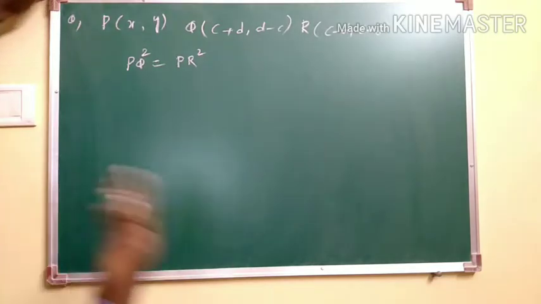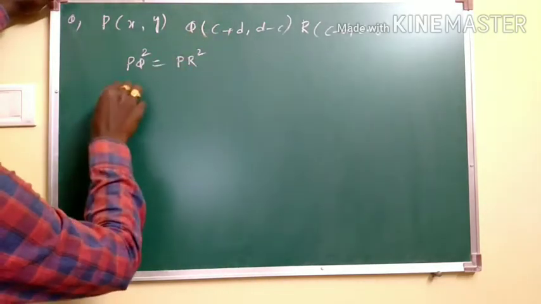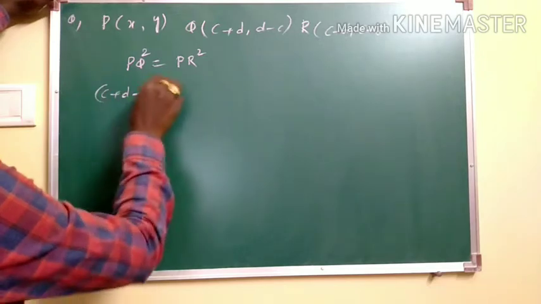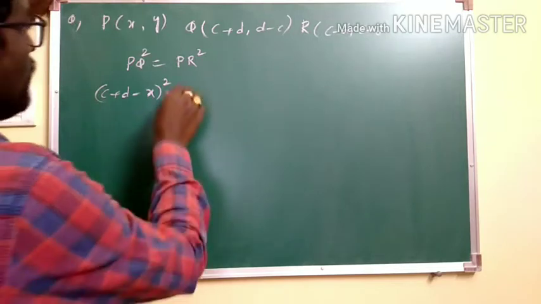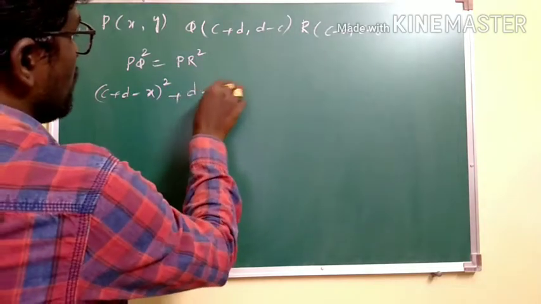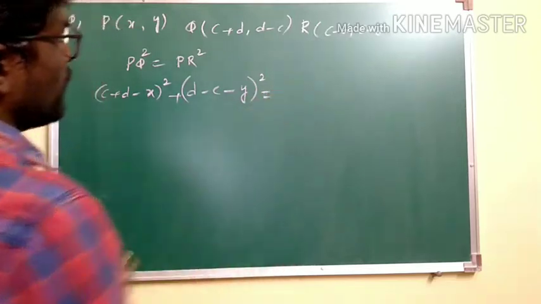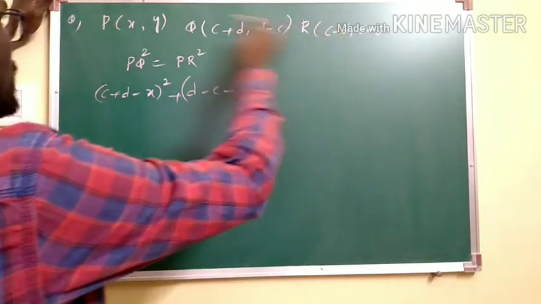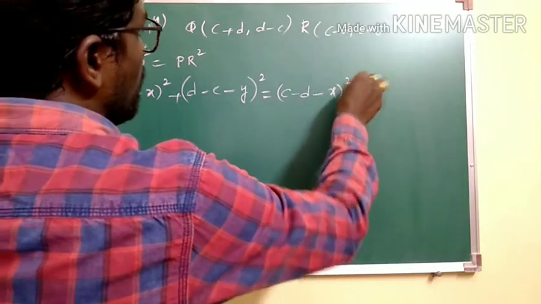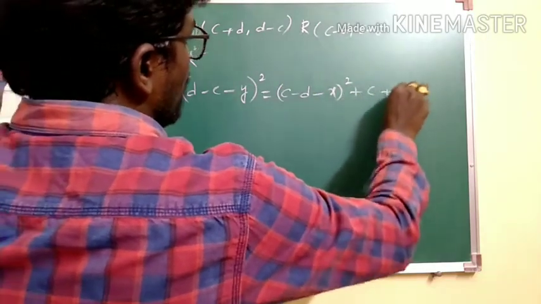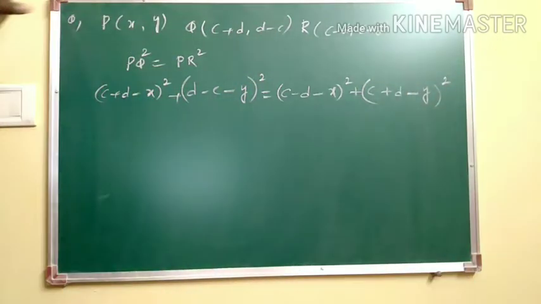We can write directly without square root because we have taken the square. (c + d - x) whole square plus (d - c - y) whole square is equal to the distance PR: (c - d - x) whole square plus (c + d - y) whole square.